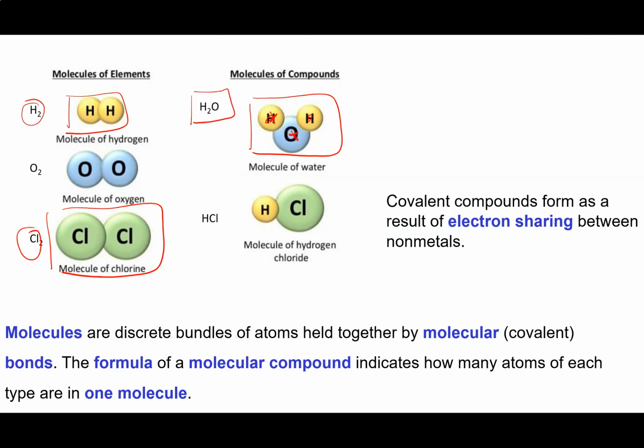The formula represents the number of atoms of each type in one molecule, and a molecule is a discrete little bundle of atoms. Now, covalent compounds form as a result of electron sharing between non-metals. So you can see in each case here, we have two or more non-metal atoms bound to one another, and what's holding them together is what we call electron sharing, and we'll see how that works a little later on.